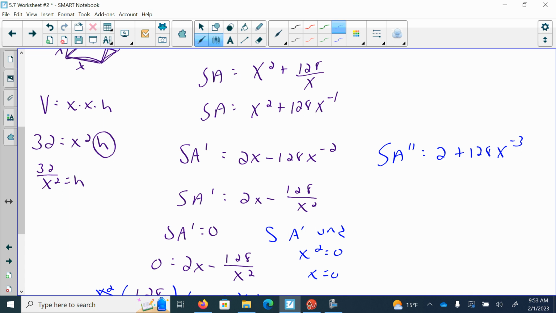So now I want to find the second derivative at, we'll do 4 first. So that's going to be 2 plus 128 over 4 to the third. That's going to be positive, right? And then I'm going to do the surface area at 0, second derivative, and that's going to be undefined, right?